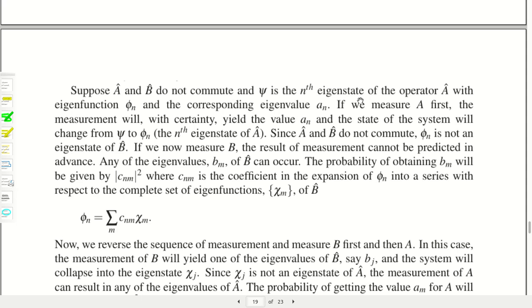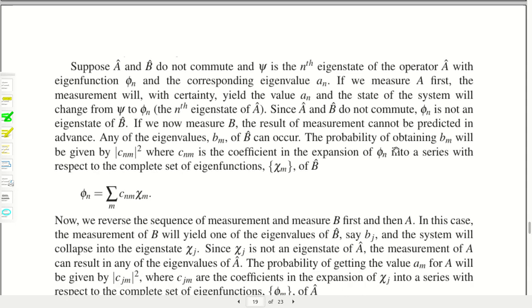As you measure the system, you will disturb it, so the system will be assigned to a particular state, which comes out as the experimental result. Let us take this state as the nth eigenstate of A, that is, you will get the eigenvalue a n when you operate A on psi.